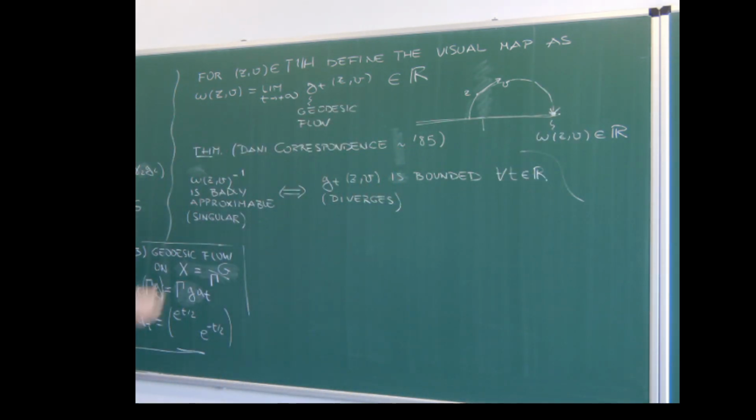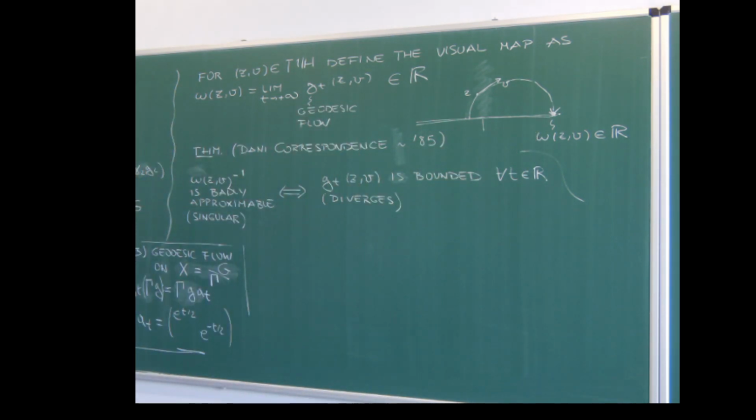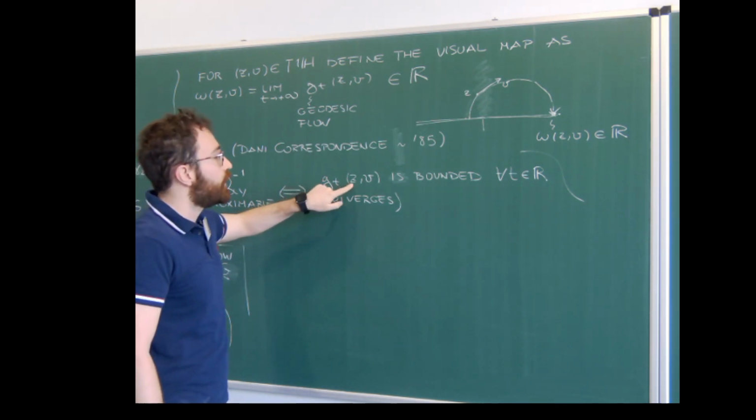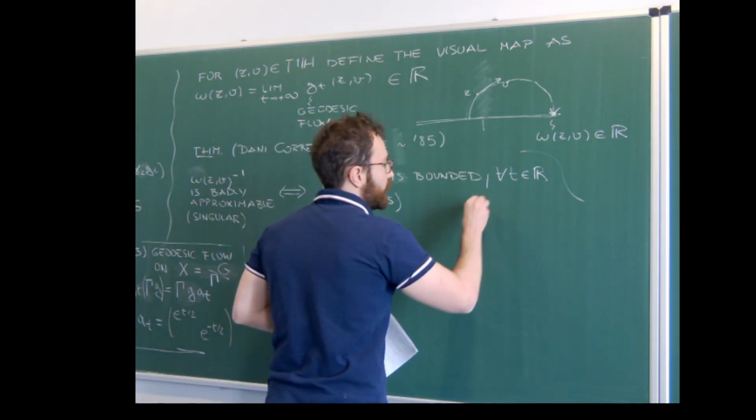Okay, and the correspondence that I want to prove today, so today's goal, is that the hitting point, so the image of the visual map to the power -1, so the inverse of this real number, is badly approximable or singular if and only if the geodesic flow applied to this set is bounded in x.